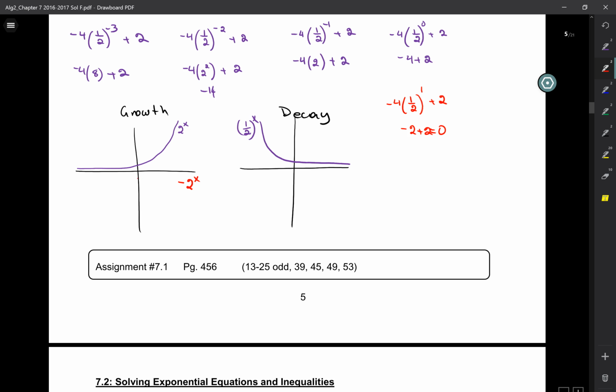Well, now the country owed this much money, then they owed that much, then they owed that much, then they owed that much. So do you see how the number is moving away from 0? So this is growth. Even though it's down here in the negative y, it's still growth because your debt is growing.